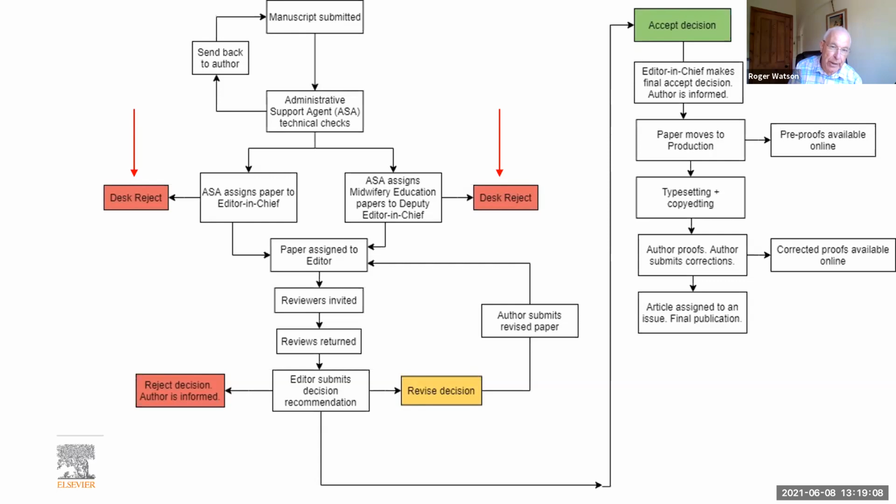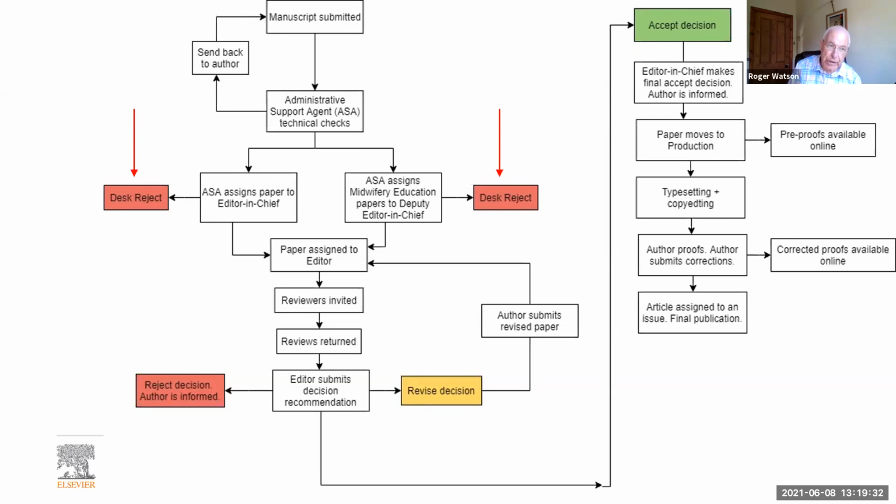So we make a very quick decision, usually within 24 hours, about whether your manuscript should go forward or not. That shouldn't prevent you from sending the manuscript somewhere else. You may be given some idea as to why it's been rejected, but usually with desk rejections, we don't give you any specific reason.